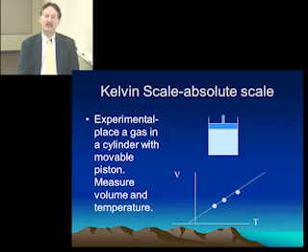And these studies led people to understand that as they were manipulating gases, their temperature, their pressure, and so forth, they observed a certain linear relationship between pressure or volume and temperature, as shown in this particular graph.